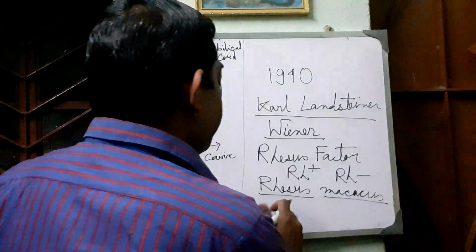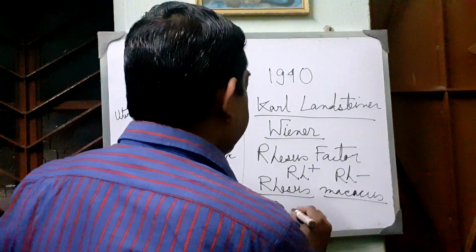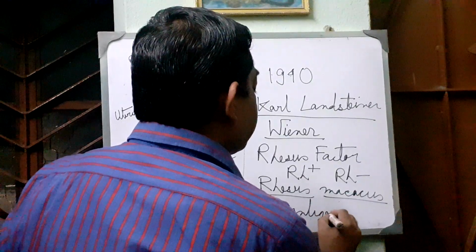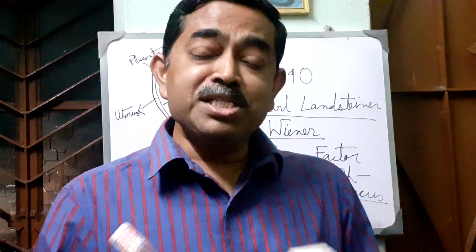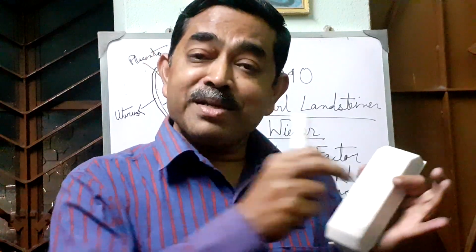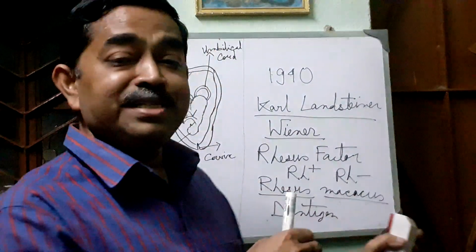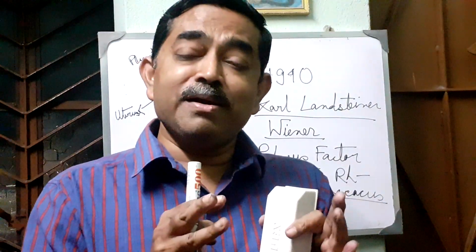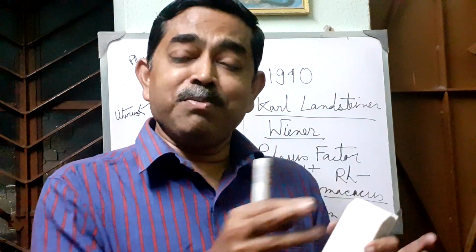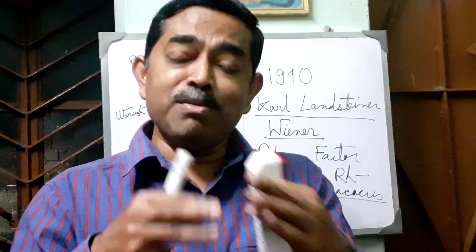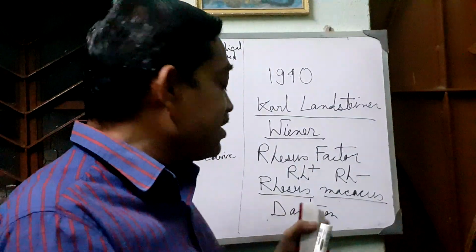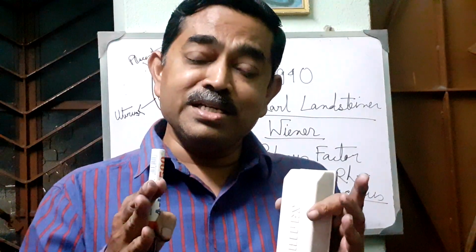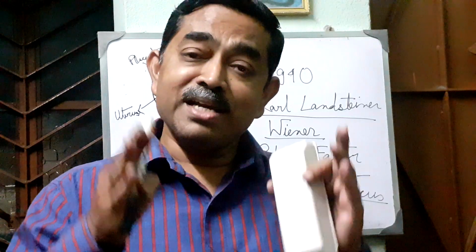Actually, this is called D antigen for the Rh factor, and it is generally present on the surface of the red blood cells. Red blood cells which contain this D antigen are Rh positive, and those people whose red blood cells do not contain the D antigen on their surface are classified as Rh negative.